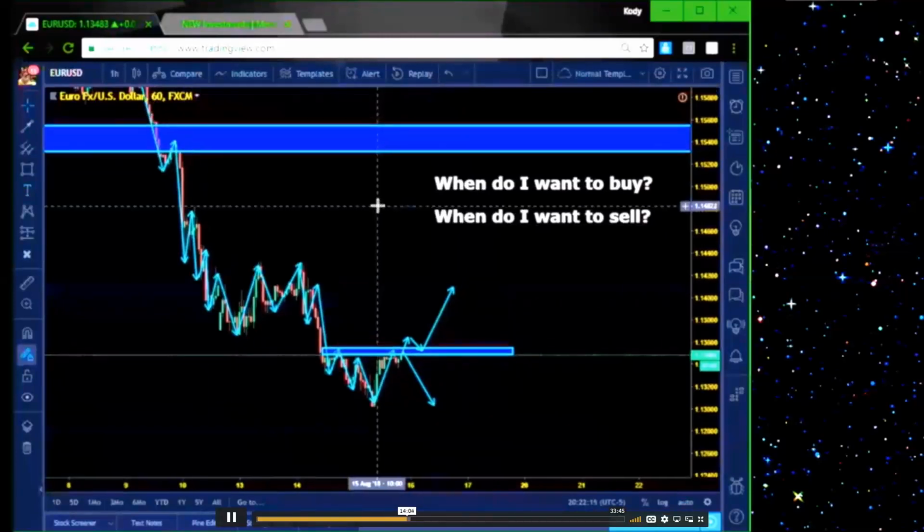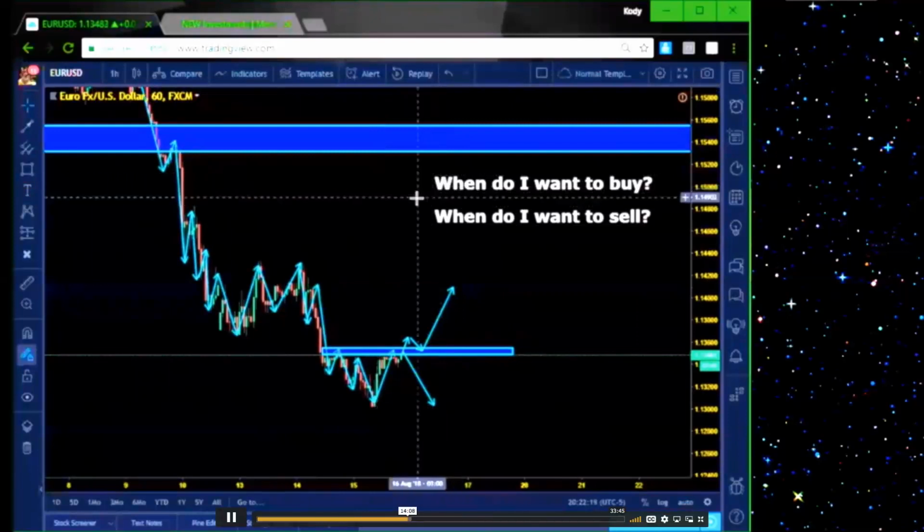If you know when you want to buy and when you want to sell, then 95% of the battle is already won. All you got to do now is click the button and execute, which, to be honest, is not as easy as it sounds. To be fair, psychology is something else. Where do I want to buy? Where do I want to sell? It makes it very easy.